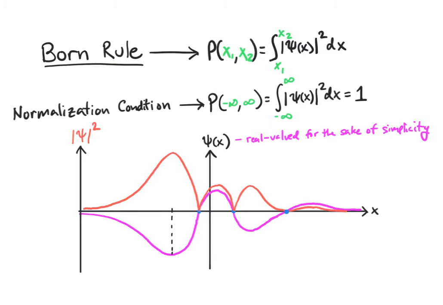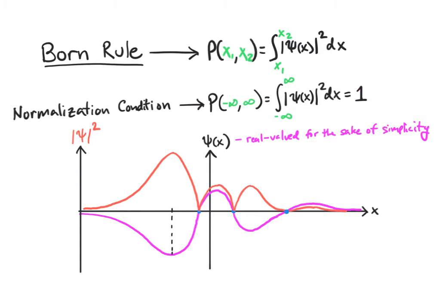Here I've drawn an arbitrary function that looks qualitatively correct for what this function would look like squared, depending on what values you might assign to it. Also bear in mind that there is no upper limit to what the value of the wave function can be. The wave function can have a really enormous value. It's not restricted to being less than one unit or whatever. It's only the integral that has that restriction.